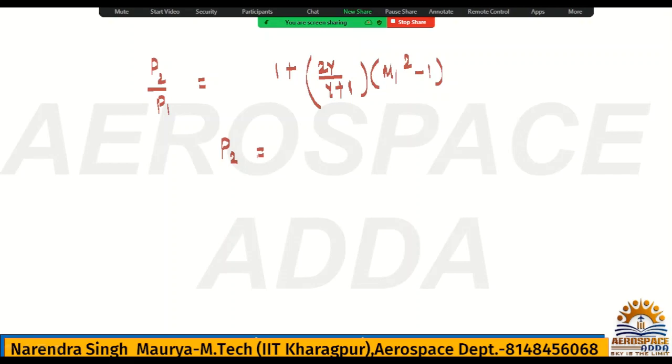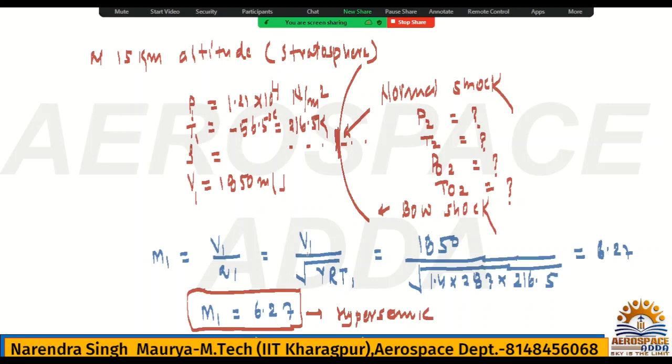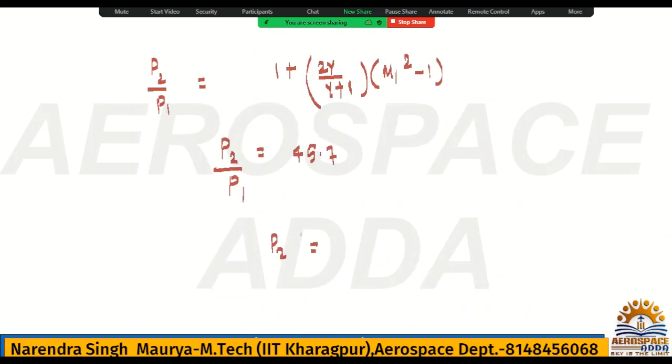What is the value of P2 by P1? If you check, P2 by P1 will be what? It's 45.7. Now if you calculate P2, P1 you have written here how much? 1.21 into 10 power 4. If you solve this, then you will get 5.53 into 10 power 5 Newton per meter square.